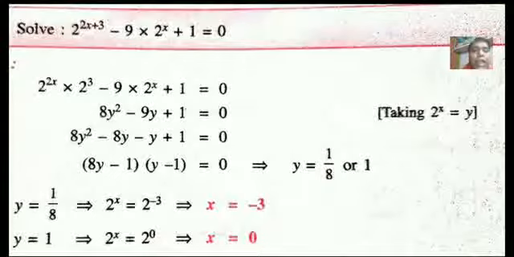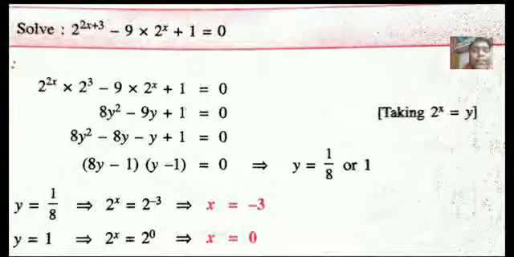I repeat once more. Since 2 to the power x is y, 2 to the power x whole square becomes y square, and 2 to the power 3 is equal to 8. So we get 8y square minus 9y plus 1 is equal to 0.